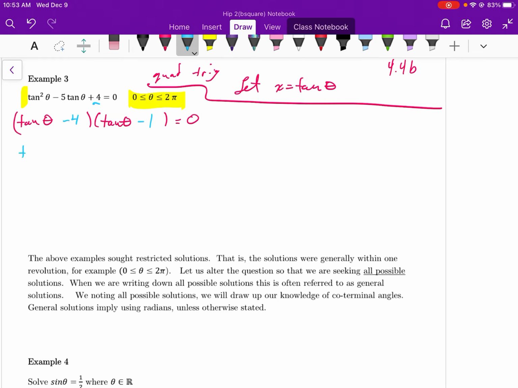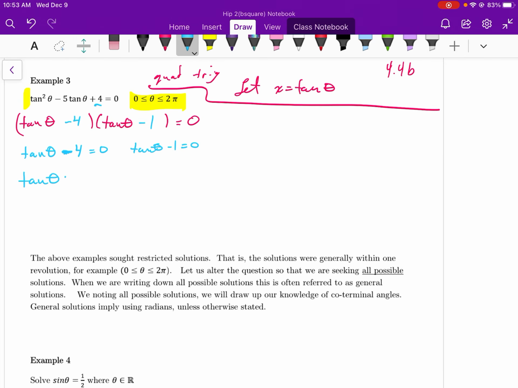So from this I can use my zero product property: tan theta minus 4 is equal to 0, or tan theta minus 1 is equal to 0. From this we can get tan theta is equal to 4, and tan theta is equal to 1, right? In the first expression, we could add 4 to both sides. In the second equation, I could add 1 to both sides.